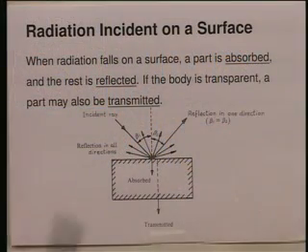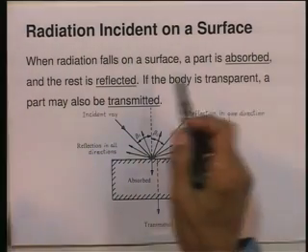This is all concerned with radiation being emitted from a surface which is at a particular temperature. Now, we want to talk about radiation falling on a surface, that is, radiation incident on a surface.